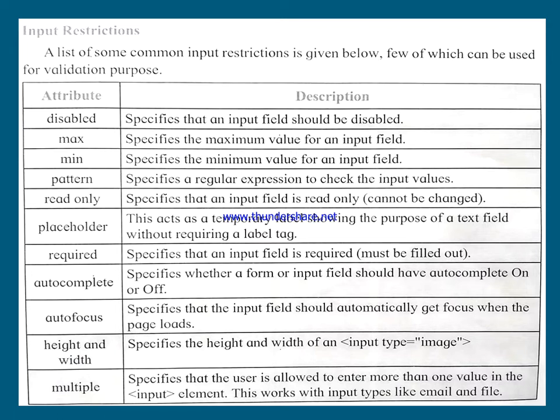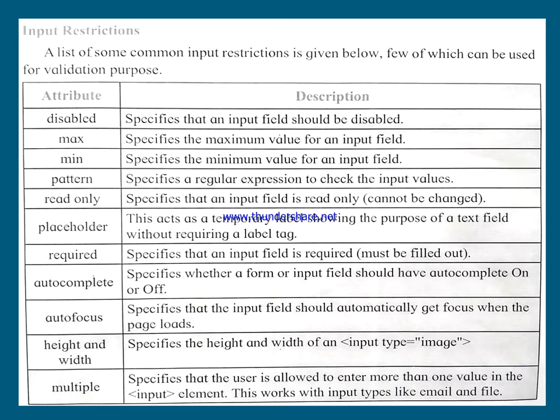It specifies that an input field should be disabled. Means what? While viewing the form on a browser, the said element whose value is disabled will not be visualized to the user. So it will not be displayed on a form.